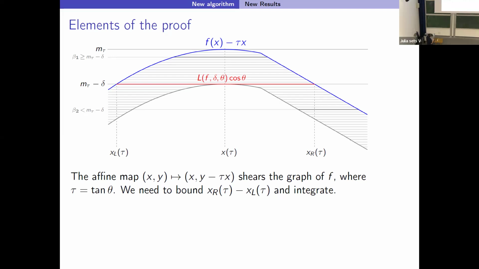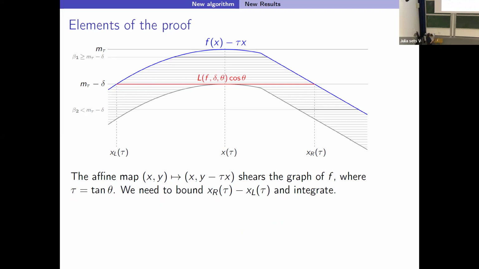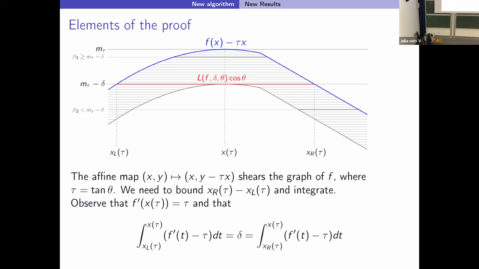And basic calculus says that from here to the middle, we gained delta on the vertical, right? Because that was the height of the strip we are using. So you just have to integrate the derivative of this and you get delta.